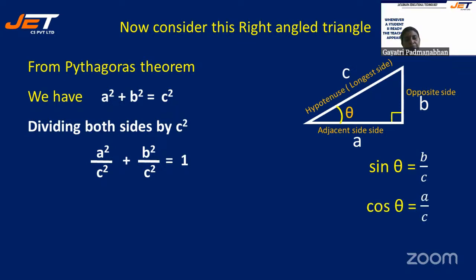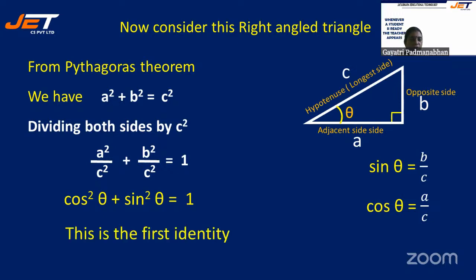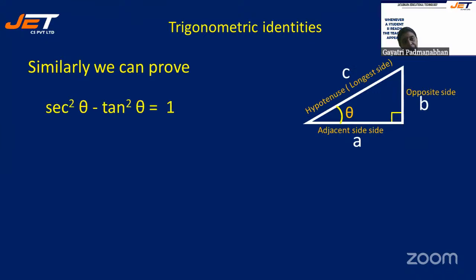Cos theta is adjacent by hypotenuse, a by c. So now, what is a square? It is nothing but cos square theta plus sine square theta is 1. So you should always remember sine square theta plus cos square theta is 1. This is the first identity that you should remember.